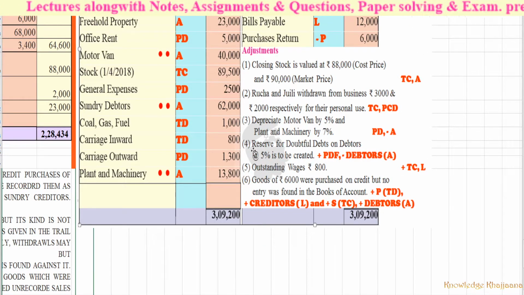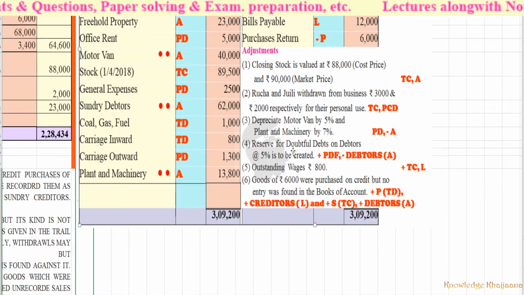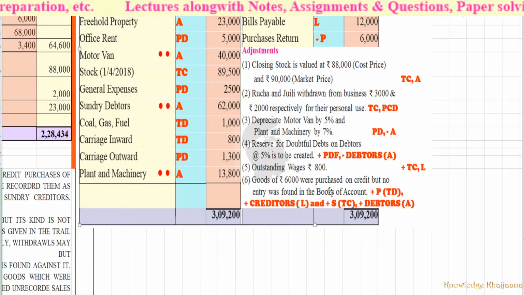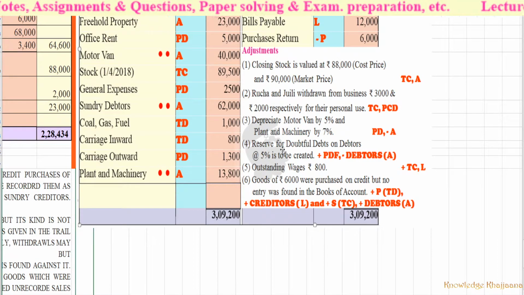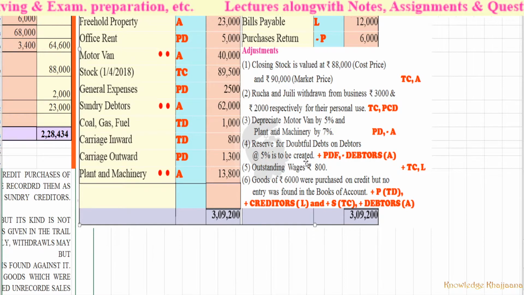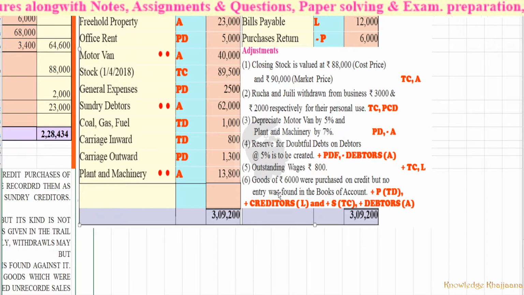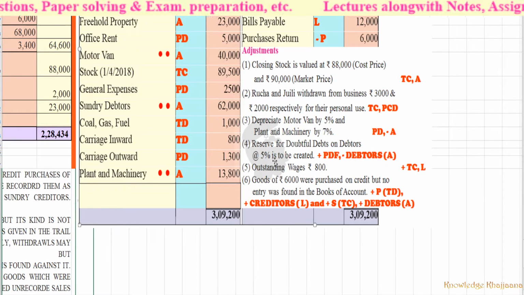Now let's move to adjustment number 4. Because this new RDD or provision for doubtful debts new should be done after doing the other adjustments of the debtors. So we will solve adjustment number 4 now. Reserve for doubtful debts on debtors at 5% is to be credited. On which value? Whatever value is remaining after doing all the adjustments, right? It should be deducted at 5%.